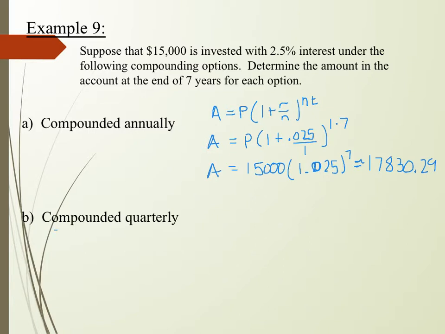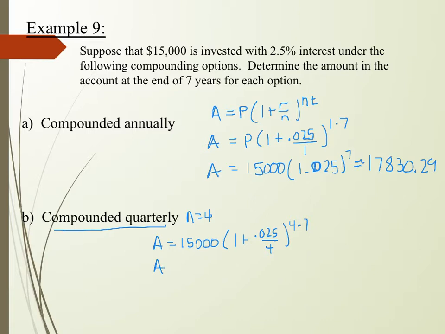Now we're going to compound quarterly. That means that N is equal to 4. So using the same formula, A is equal to 15,000 times 1 plus 0.025 divided by 4, raised to 4 times 7.